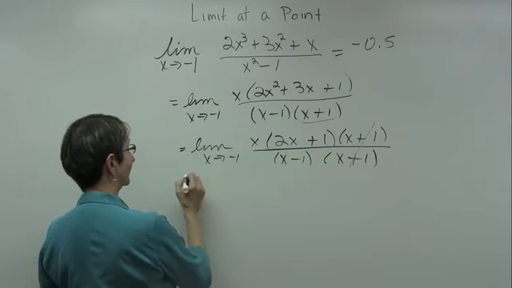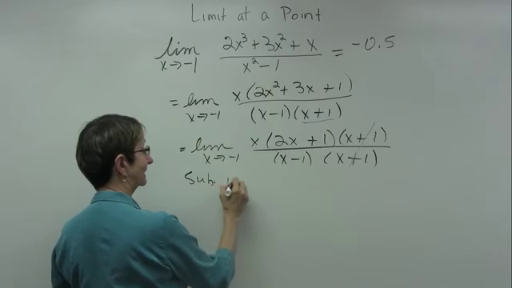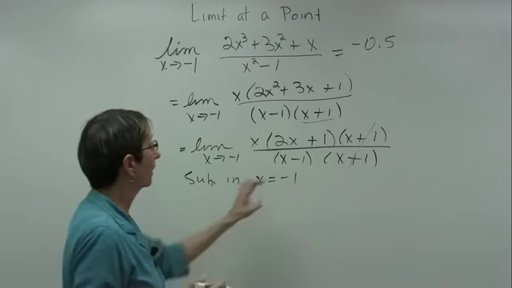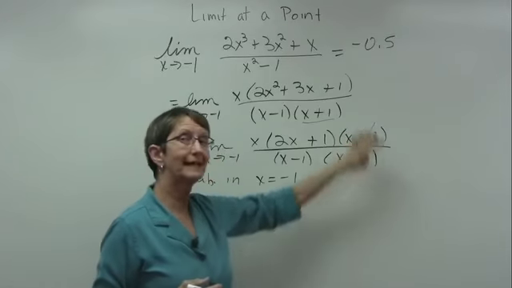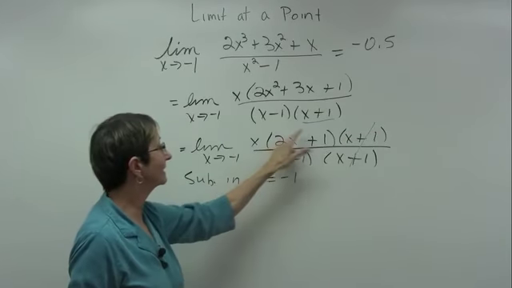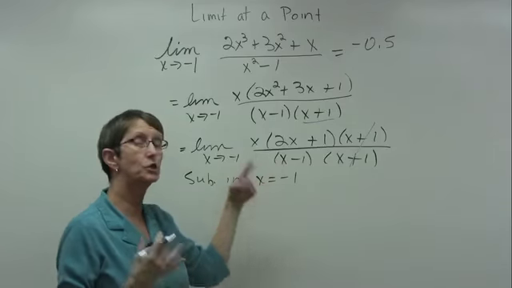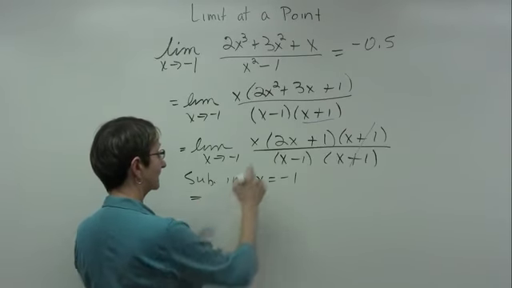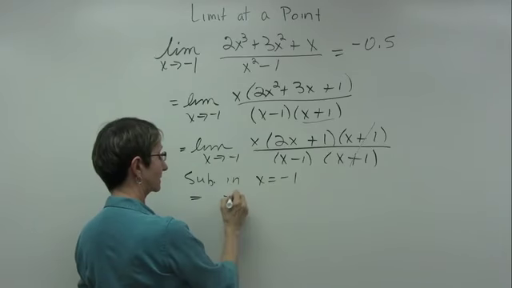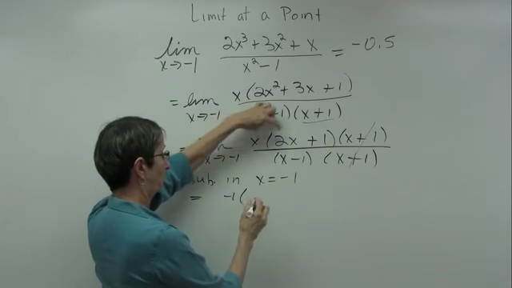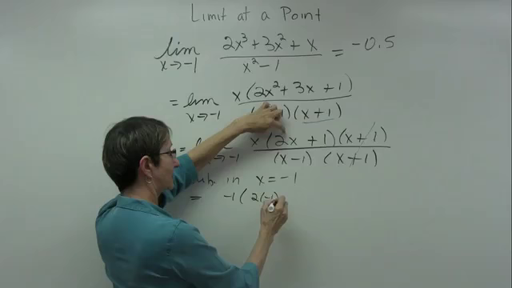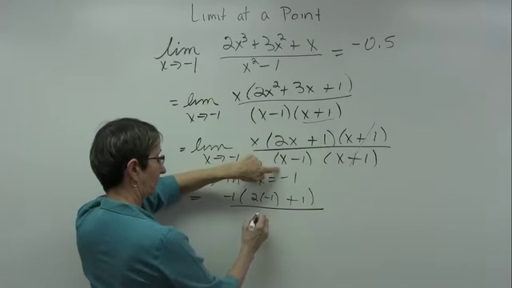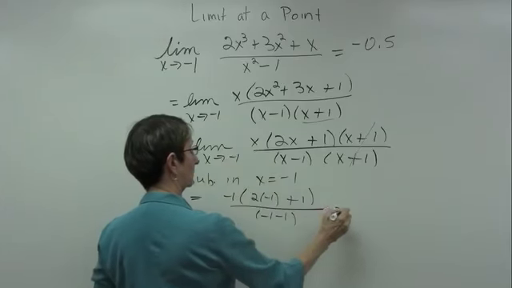And what I do next is sub in x equal to -1. Once I get to the part where I've gotten rid of the terms that gave me 0 top and bottom, then this fraction that remains should give me a limit. So my limit is going to be the same as if I just plug in -1 for x. -1 here, 2 times -1 plus 1, over negative 1 minus 1.